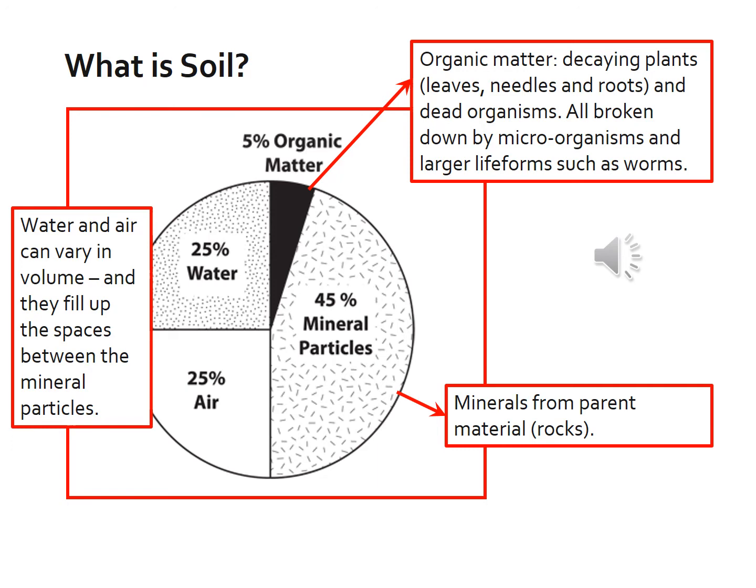That will then go back up through the roots of the tree and back into the soil, ready for spring for the next season. Mineral, you can see it makes up a huge percentage of it, 45%. That is going to come from the bedrock underneath the soil. So what it's actually lying on.